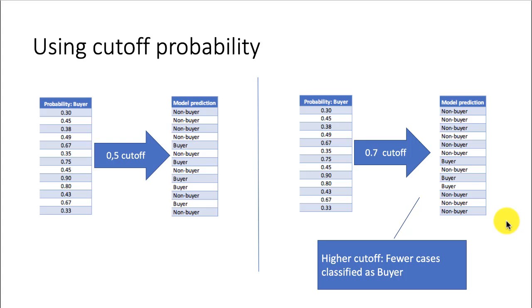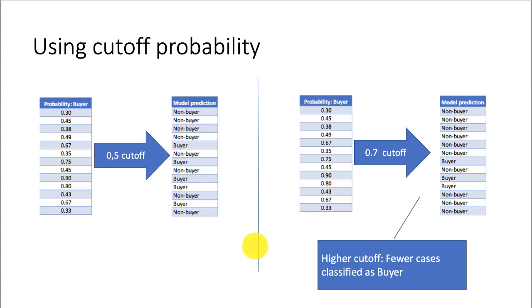Okay, so with different cutoff probabilities, the final classifications will be different. Like I said, the default is usually 0.5, but there's no reason we need to stick with the default. We can explore the possibilities, right? So for example, one reason why we would look at different possibilities is if you lower the cutoff to classify somebody as a buyer, then more of the cases will be classified as buyers. In other words, likely more non-buyers will now be accepted as buyers.